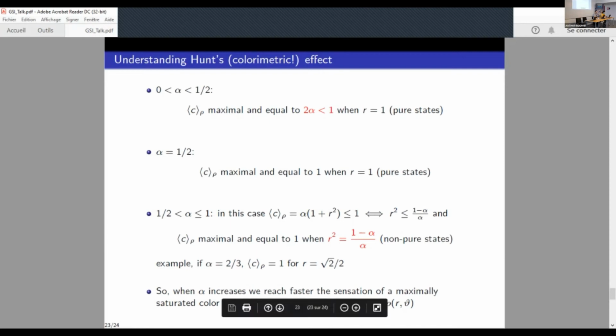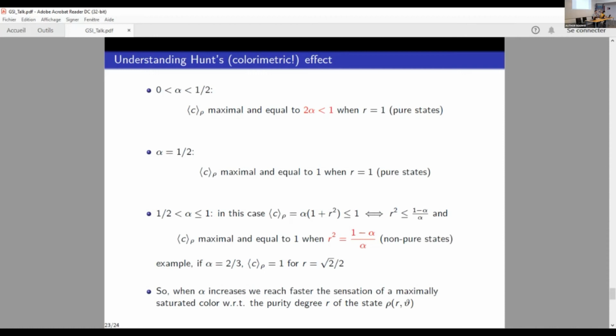For example, if alpha is equal to 2/3, then the expectation value of C on rho is 1 for R equal to square root of 2 on 2, so roughly 0.7. This can be summarized by saying that when alpha increases, we reach faster the sensation of a maximally saturated color with respect to the purity degree R of the state rho R theta.